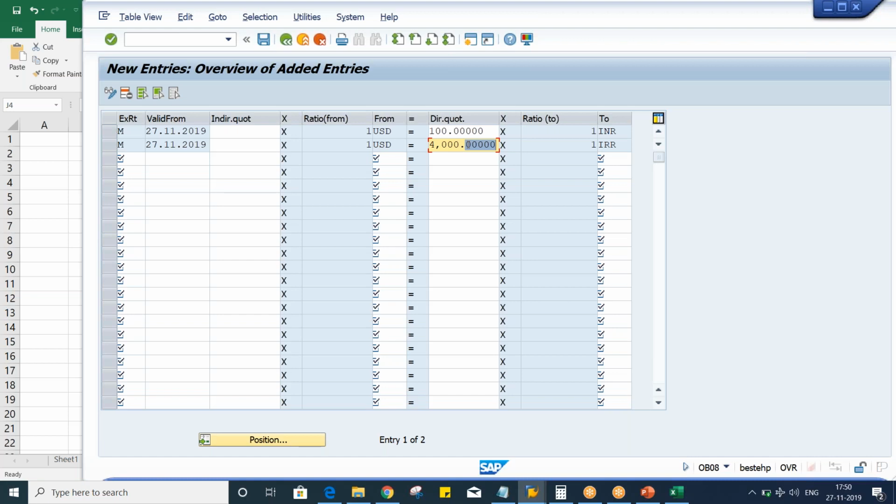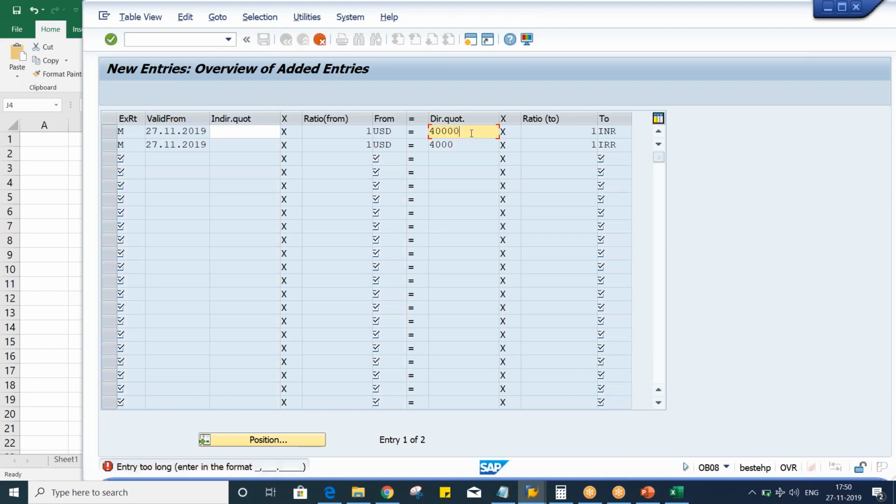Since I don't have configurations for Iranian currencies here, guys, just assume that the Indian currency value itself is quite low, and 1 USD equals 40,000 Indian currency, right? Let's suppose here I'm going to specify 40,000, but the system is not going to consider 40,000 because the length is too much, right?